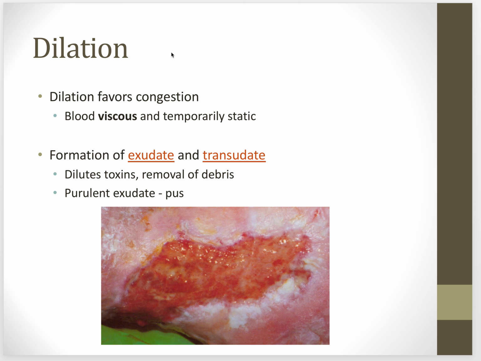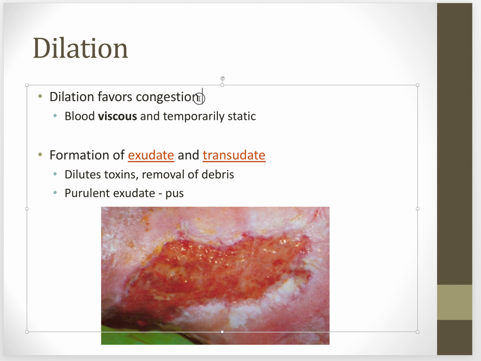Also, when we have dilation and engorgement of blood in a tissue, the blood flow is going to slow down. And the term for that is congestion. In the same way we would say that traffic becomes congested when there's a lane closed or something blocking a street, our blood flow becomes congested when we have engorgement in tissues.